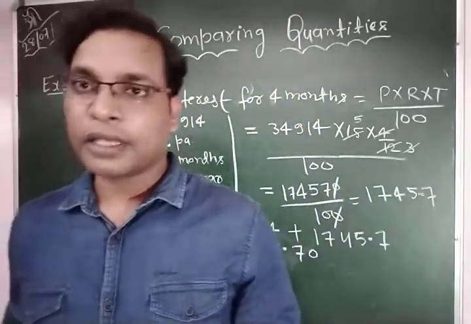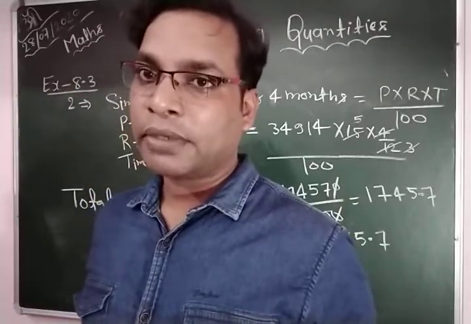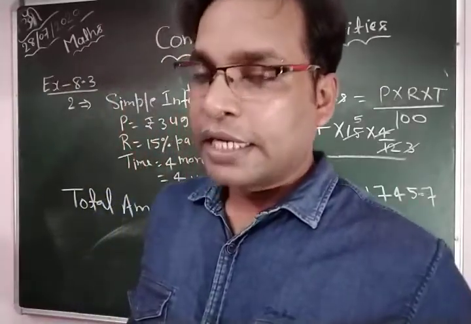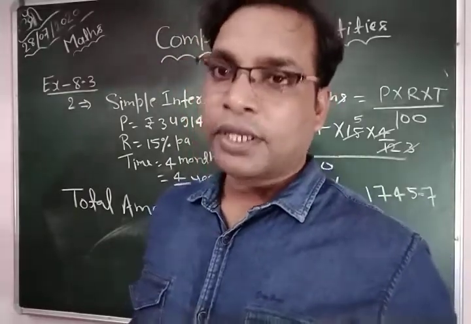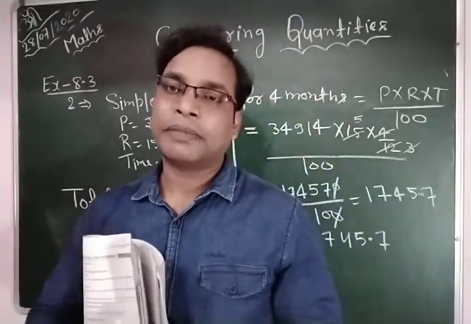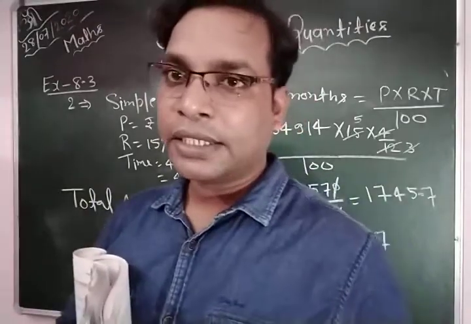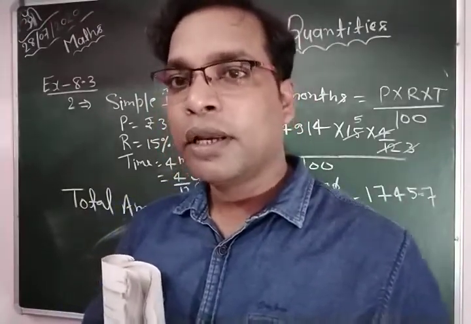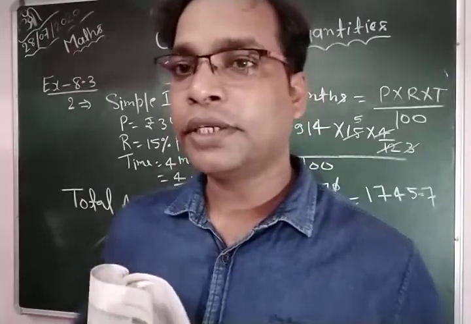Fabina pays a rate of 12% per annum, and Radha 10% per annum. Okay, so first we find separately the interest of both conditions. After this we decide who pays more interest. Okay, so let's see.